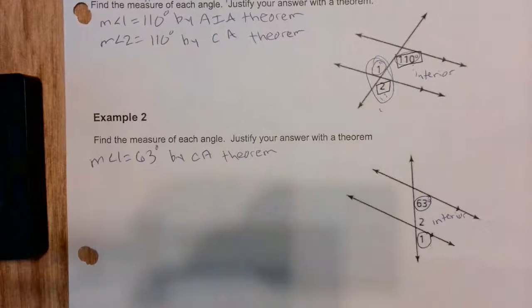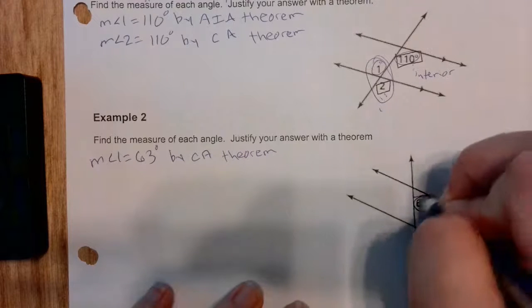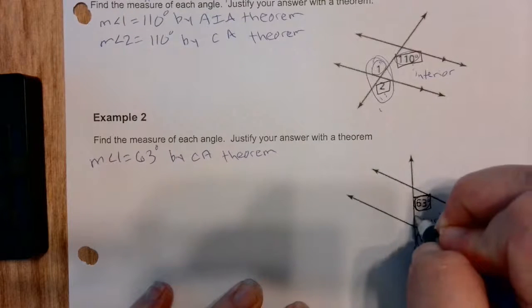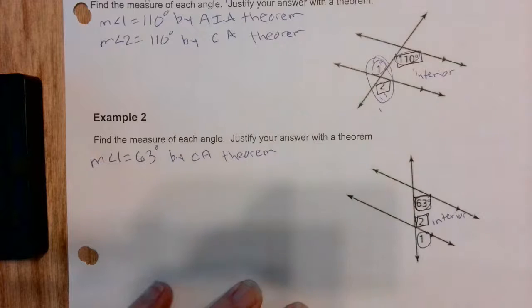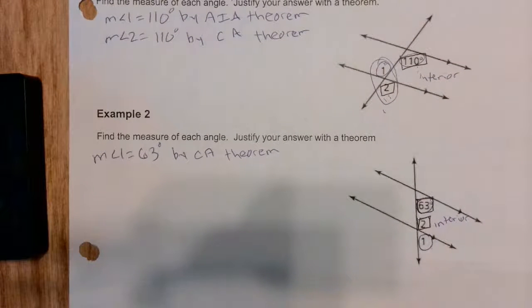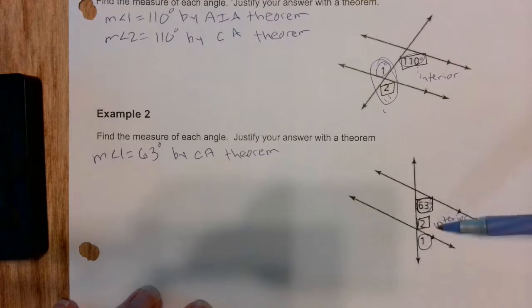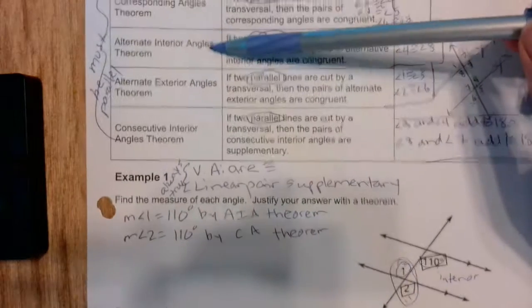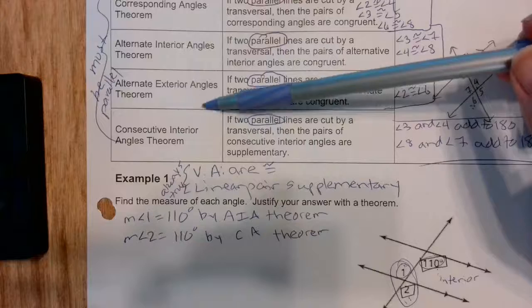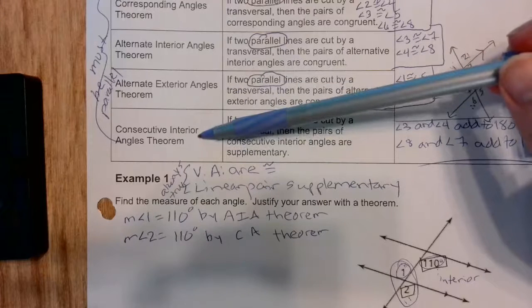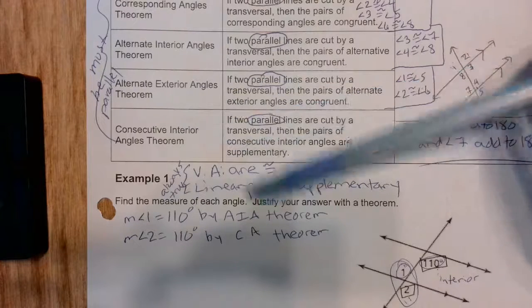What about angle 2? Here's the 63. Here is the 2. What is their relationship? These are both on the inside. They're both interior, both inside the parallel lines. So are they alternate interior, or consecutive interior, or just a linear pair?